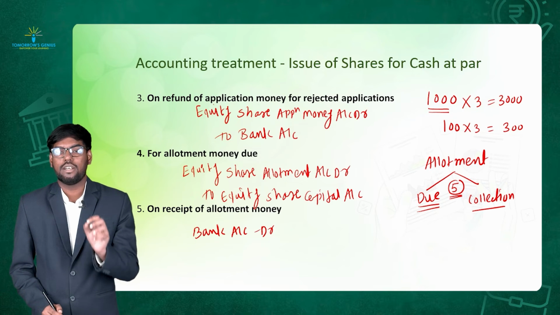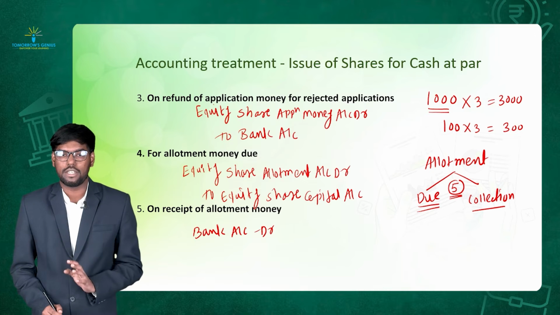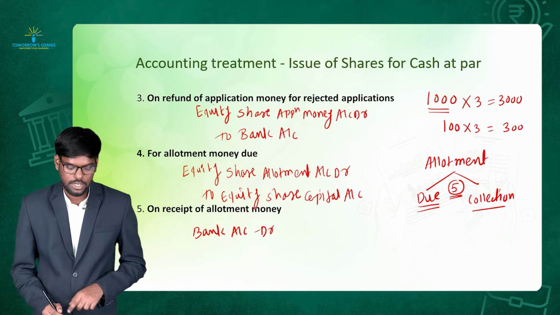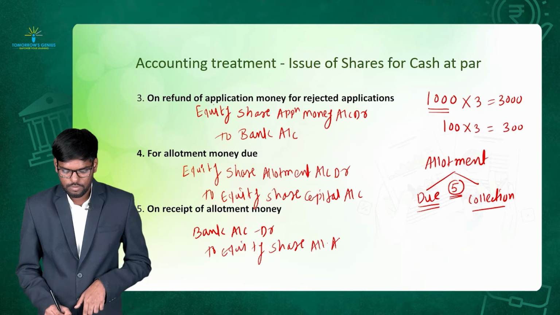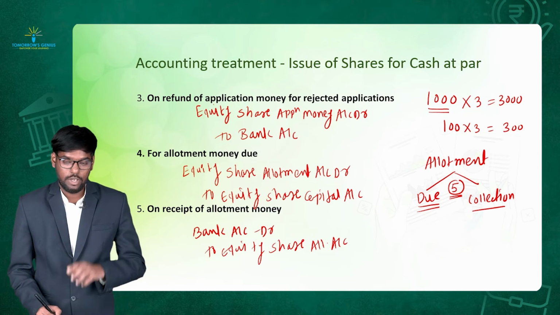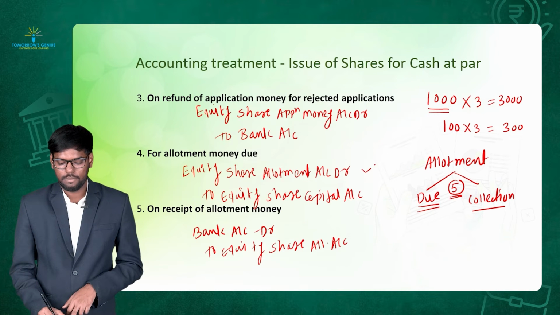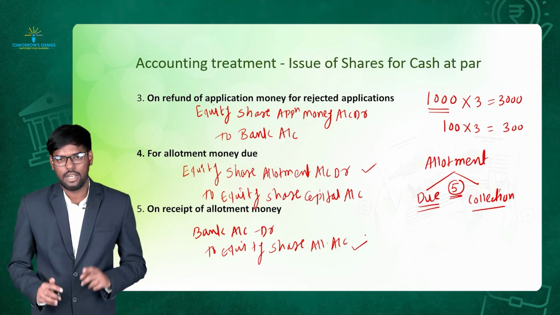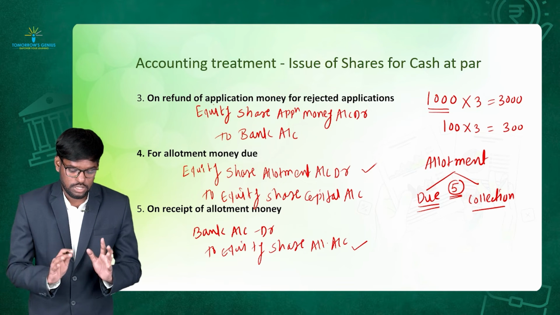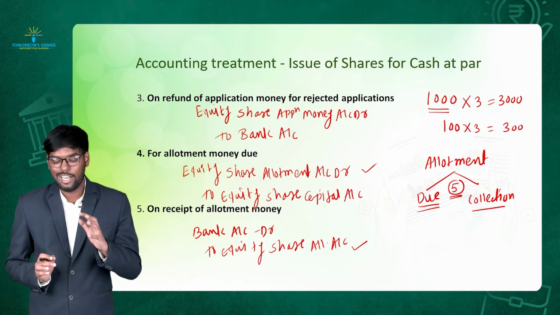You have collected equity share allotment money, so we have to credit equity share allotment account, right? If you observe here, when money is due, at that time we debited, and when you collected the money, you credited the same, right? It will get cancelled.